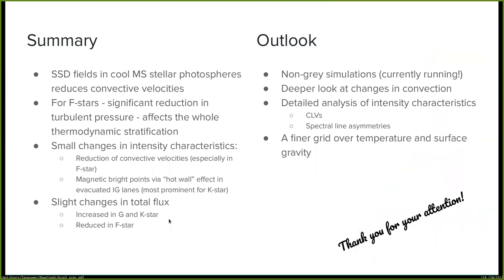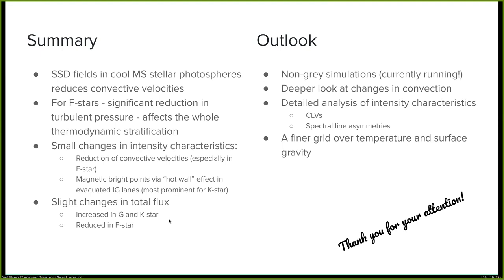To summarize, small scale dynamo fields in cool main sequence stellar photospheres essentially act by reduction of convective velocities. For the S star, this reduction becomes fairly significant, and that ends up affecting the whole thermodynamic stratification to a couple of percent in terms of density, temperature, and pressure. All of these changes are reflected in the intensity characteristics as well.